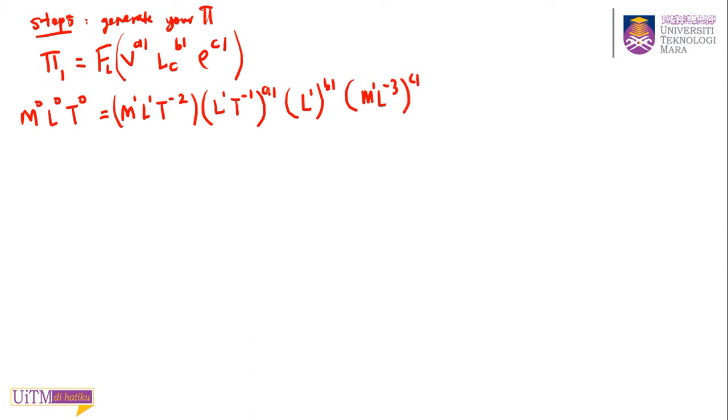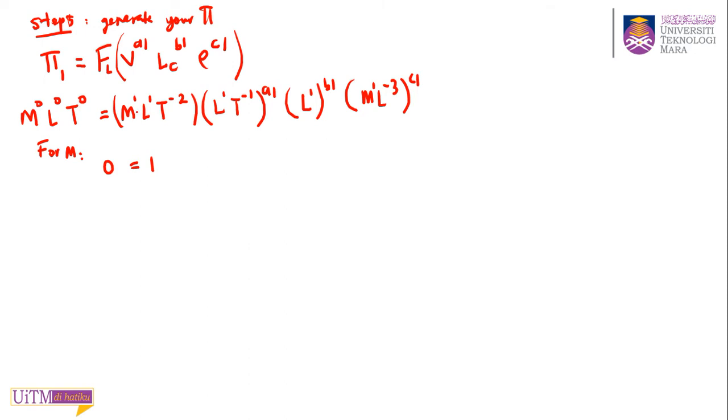So why are there A1, B1, and C1? Because you need to find the numbers for this dimensionless parameter pi. Now you do it for M. 0, M0, dimensionless, will be equal to M1, so 1.